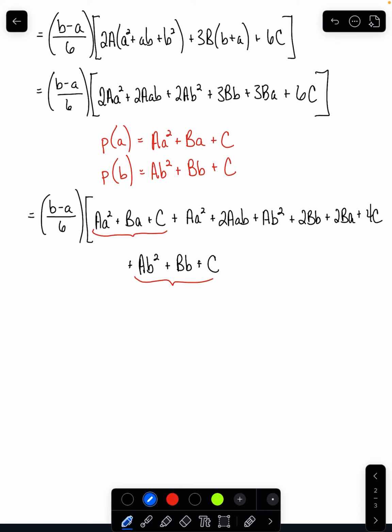What we need to do then is show that this is going to become the middle term, P of little a plus b over 2. And that actually isn't all that hard. The first 3 terms share a common big A. So if we factor out that common big A, what we're left with is little a squared plus 2 times little a times little b plus little b squared.